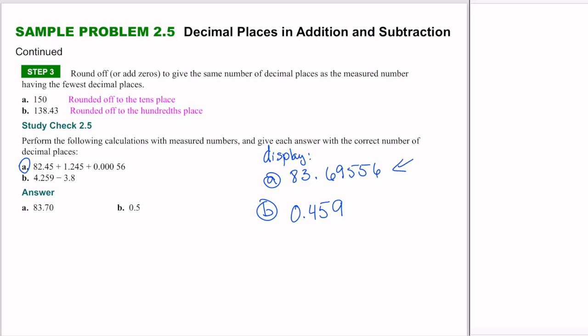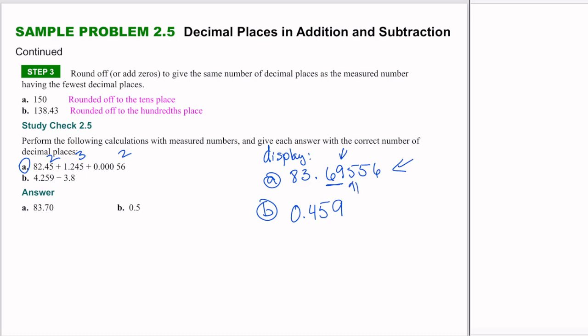Notice that the first value has 2 decimal places, the second has 3, and the third has 5 decimal places. So we need 2 decimal places in our final answer. So we need to round this value to 83.70 because the last digit is going to be a 9.